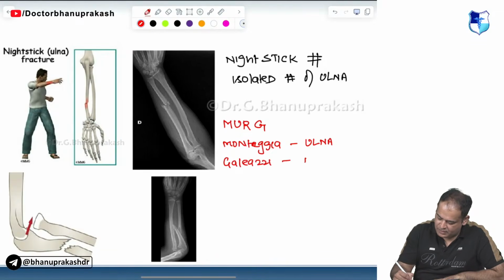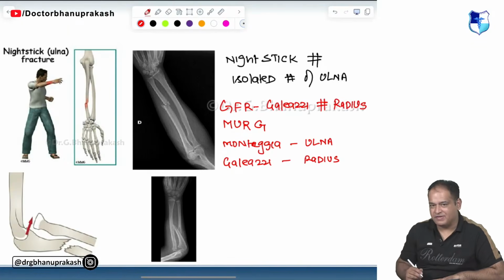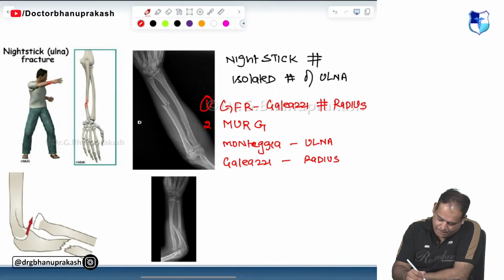Galeazzi will affect the radius. Then the other mnemonic is GFR. Galeazzi fractures the radius.